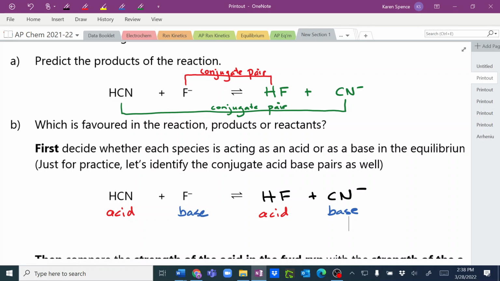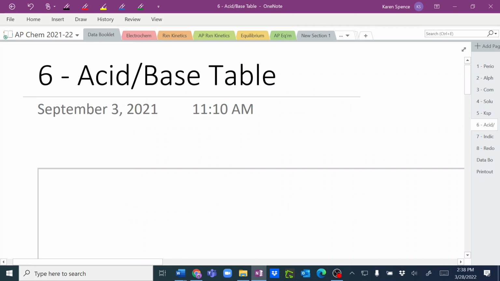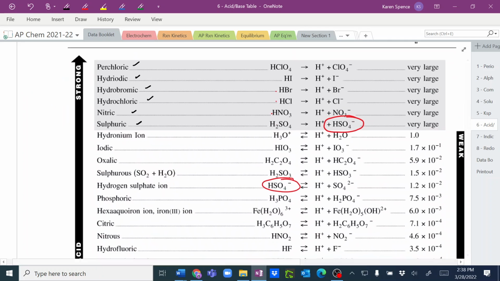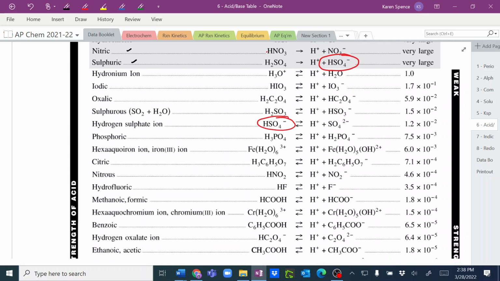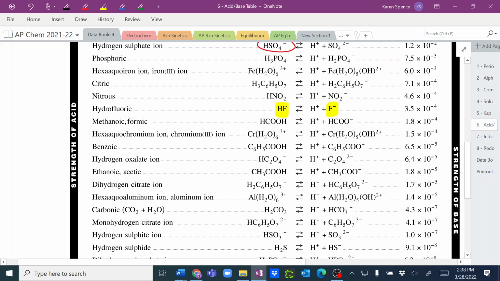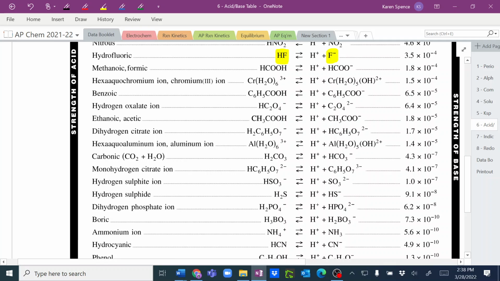If you want to double check, we can go and look at our data booklet. We have HF and HCN. Here's HF, it's a weak acid. F minus, its conjugate base, is a weak base. CN, it's a little lower down, I think. There you are.